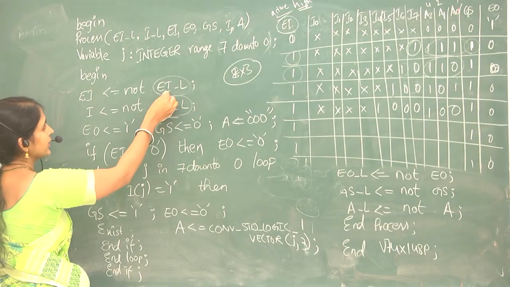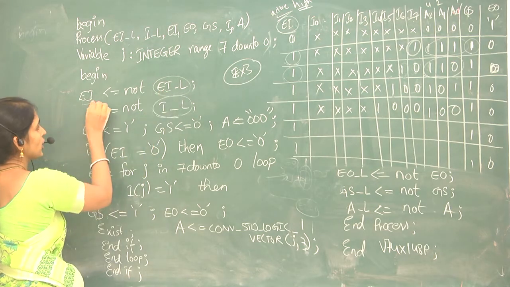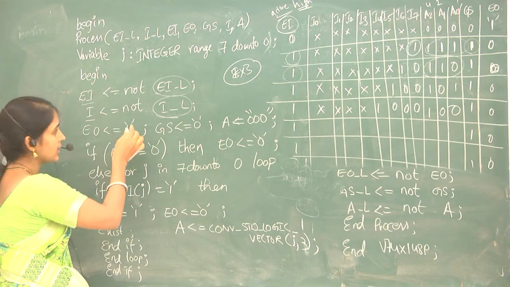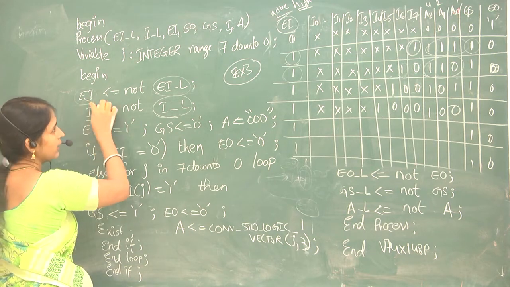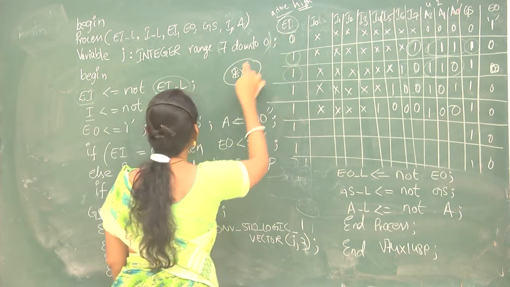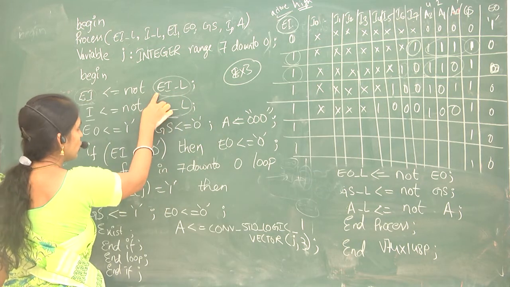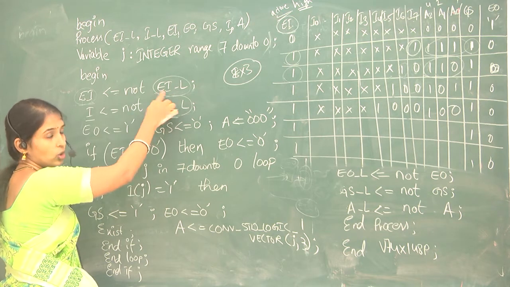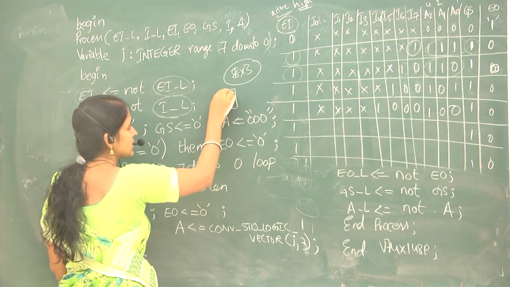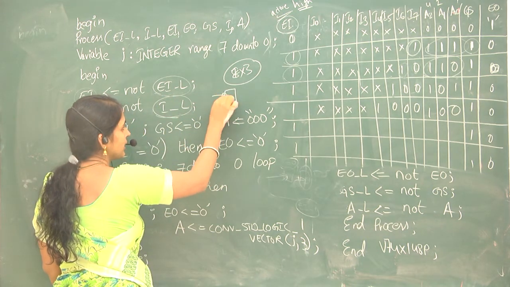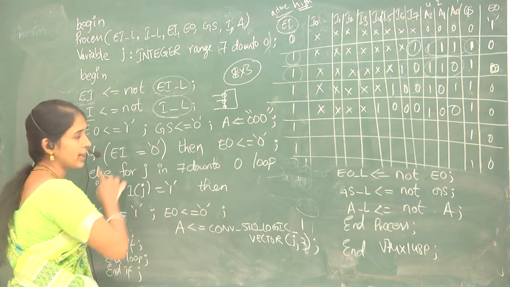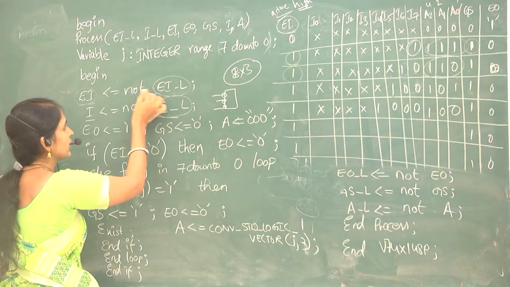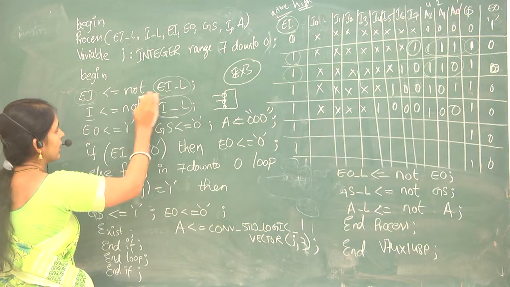You are converting your active low input signals to your EI and I. That is, the enable input you are converting from active low to active high. Because the IC is taking active low inputs, but now I am writing the code for active high, so I am doing this conversion.